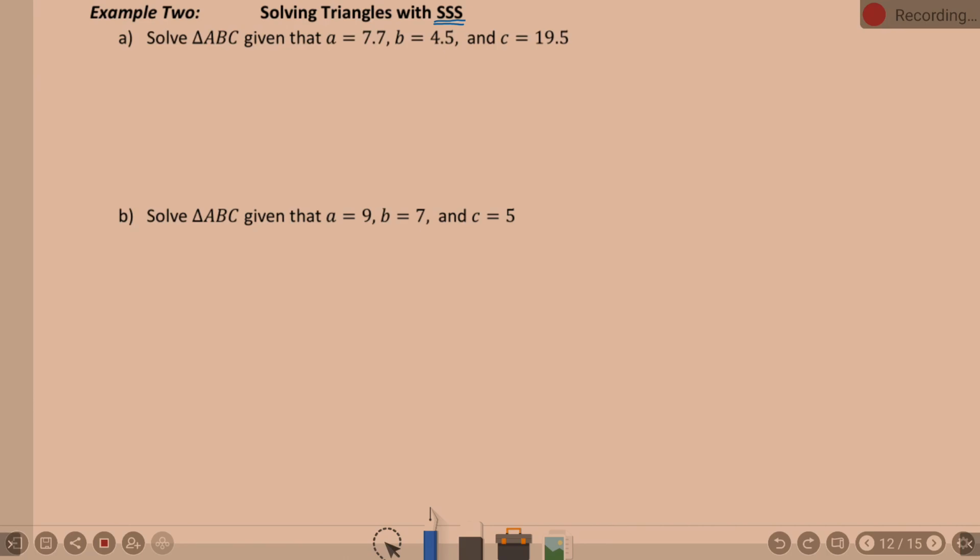There's no triangle? Why not? Because I don't know what it adds up to, but it's definitely not more than 19.5. It would be 12.2. So, in a side side side situation, first thing you need to do, you don't have to write it down, but I'm going to in this scenario, is a quick visual check. Do the two smaller pieces add to be more than the bigger piece? So in this case, is A plus B greater than C?